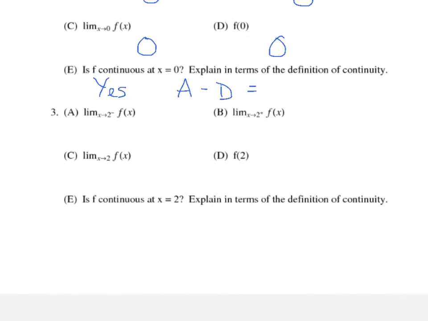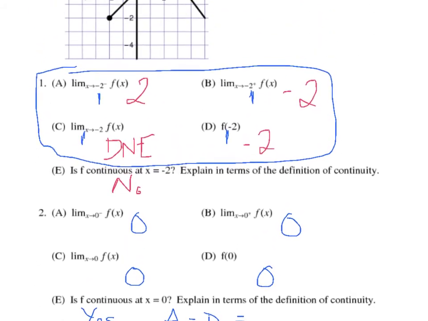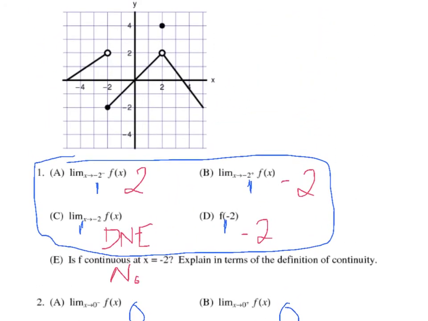Now finally, the last one asks about +2. If we go up to +2, what you'll see here is that the limit from the negative side and the limit from the positive side is 2. It's approaching 2 from both directions, but the function's value is 4.